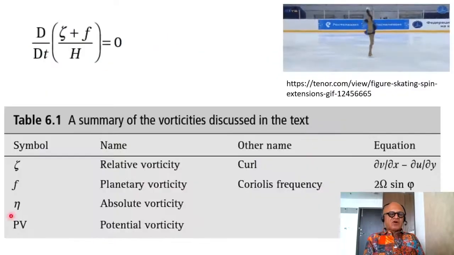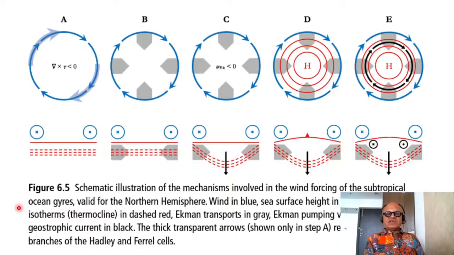Of course, now we are calling eta the absolute vorticity, so you have to be careful. Let's say sea level height is at the peak here. Water wants to flow down the hill, and then Coriolis is going to push it to the right, so you have flow coming towards you here as geostrophic flow. So just the pressure gradient down the hill is balanced by Coriolis.